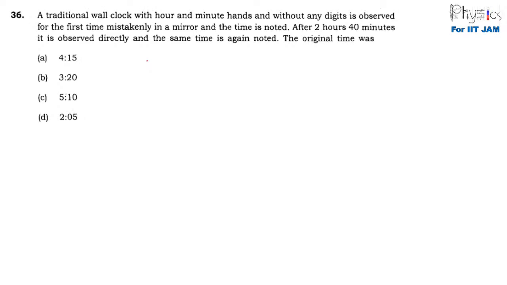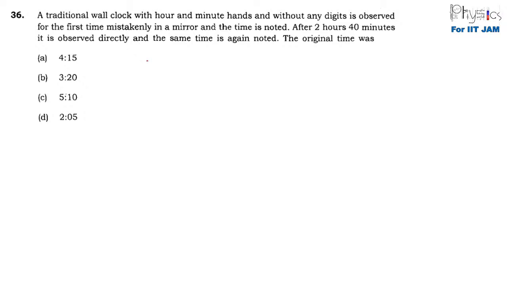So this is our next question. A traditional wall clock with hour and minute hands and without any digits is observed for the first time mistakenly in a mirror and the time is noted. After 2 hours 40 minutes, it is observed directly and the same time is again noted.